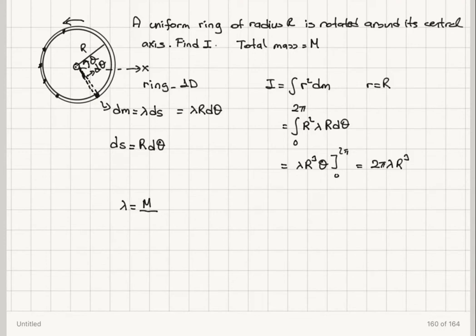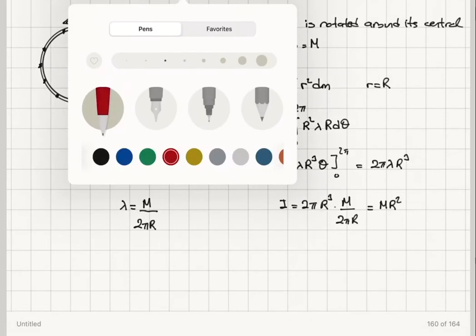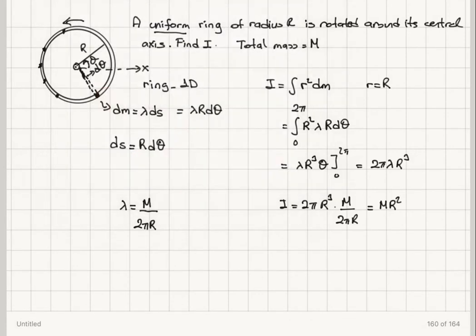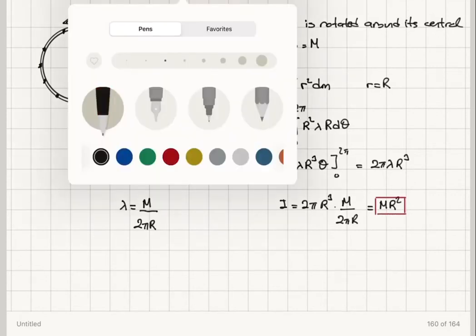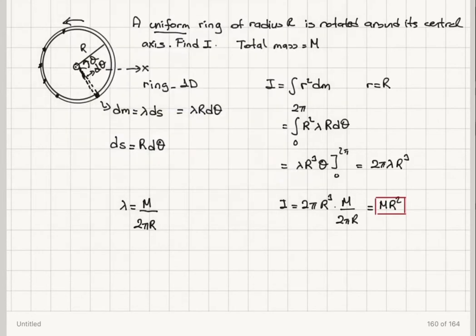Lambda is the total mass divided by the total length. What is the total length? It is 2 pi r, because it's a uniform mass distribution. The moment of inertia I calculate is 2 pi r cubed times m over 2 pi r, so it will be m r squared. That will be the answer for this ring rotated around its central axis.